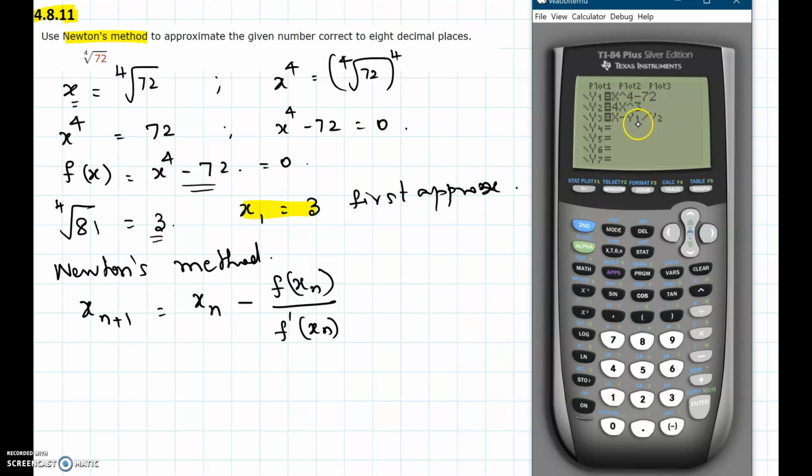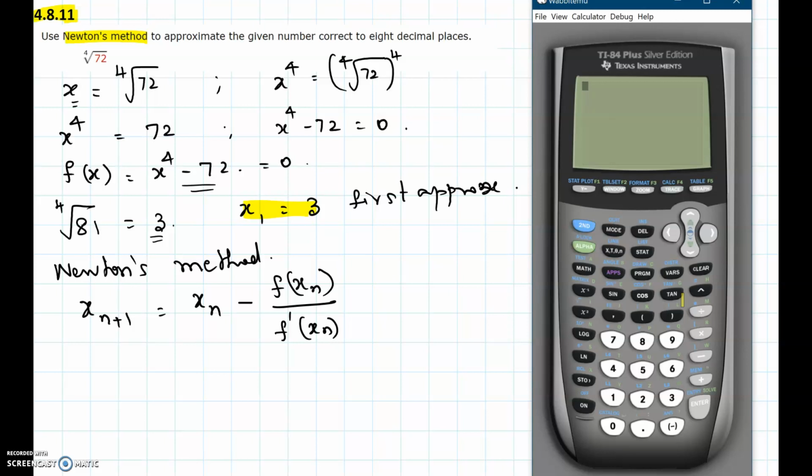You get y1 and y2 by clicking VARS, then Y-VARS, choosing the function option, and then 1 and 2 for y1 and y2. On the home screen, we have to compute y3 at the first approximation, which we chose as 3.